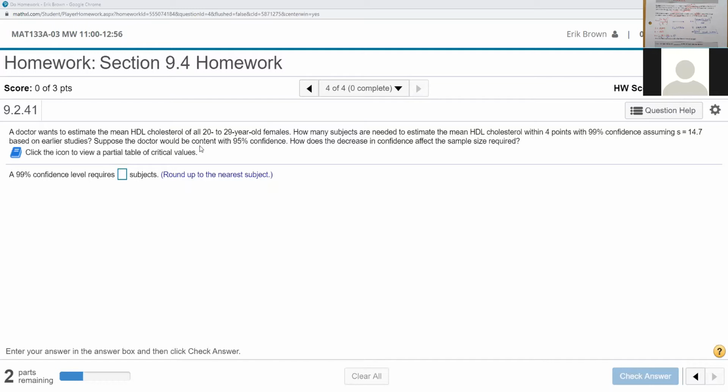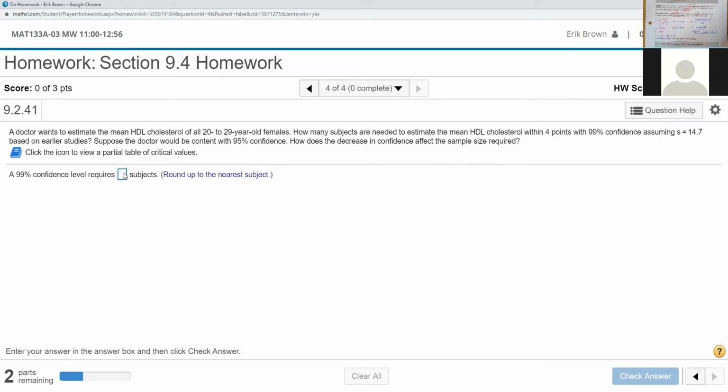Suppose the doctor would be content with 95% confidence. How does it decrease? For the first one, we're going to use the same formula we just did. Alpha is going to be 0.01. We'll cut that in half and you get 0.005. Then you'll run it through the formula.